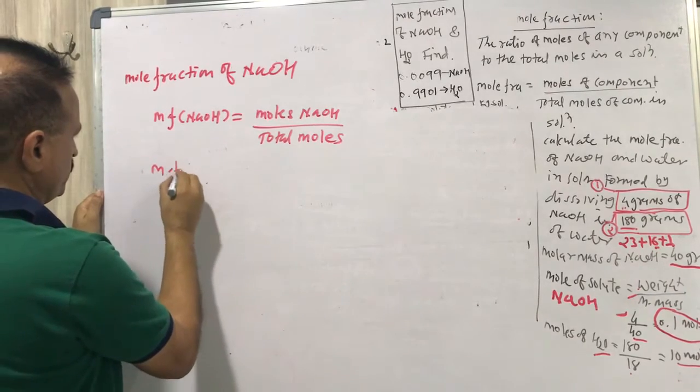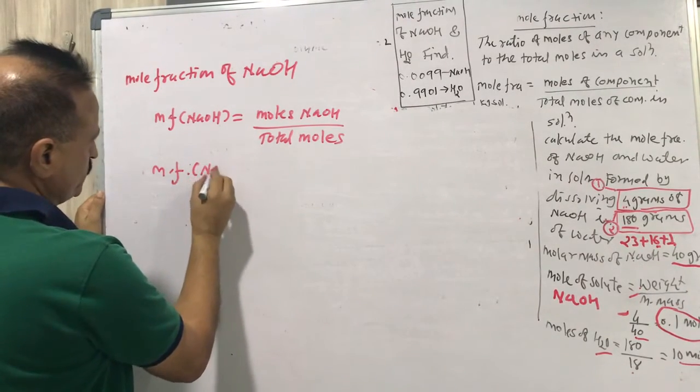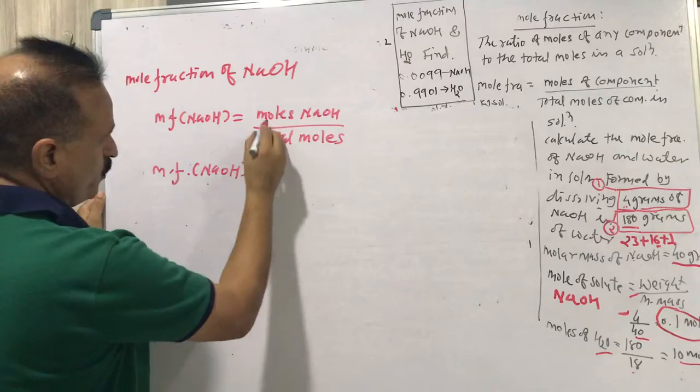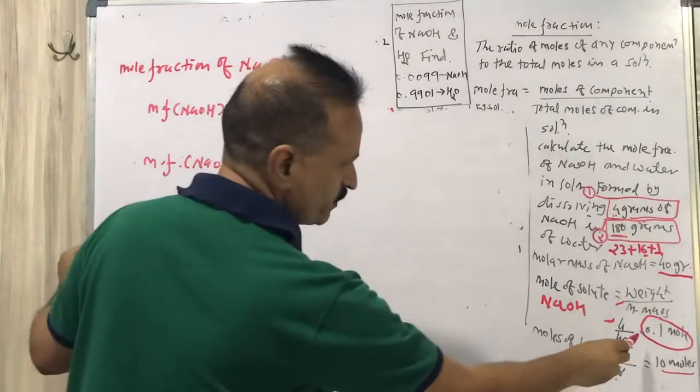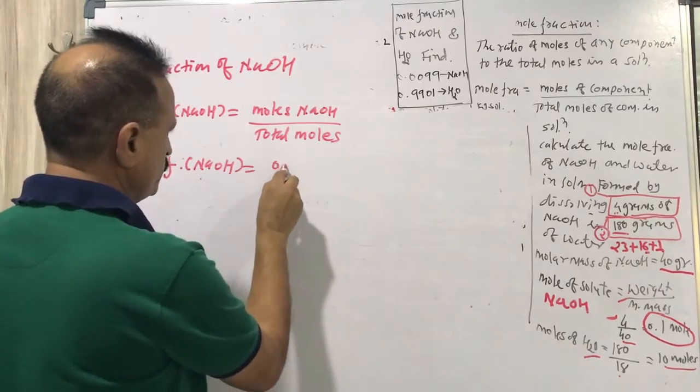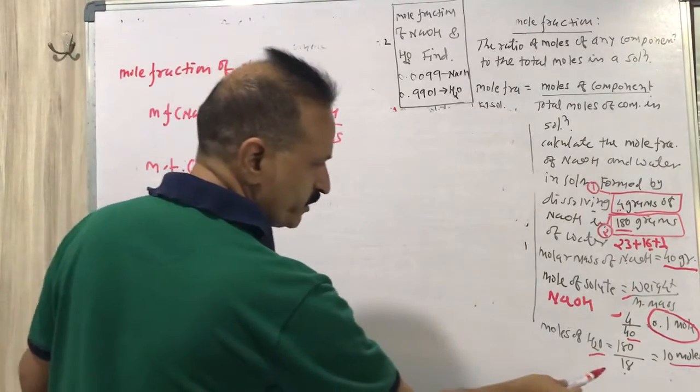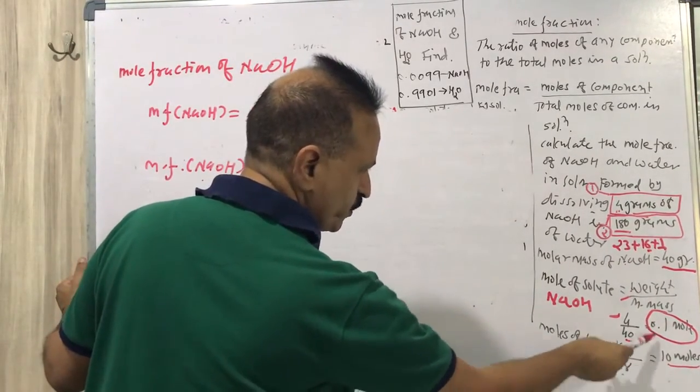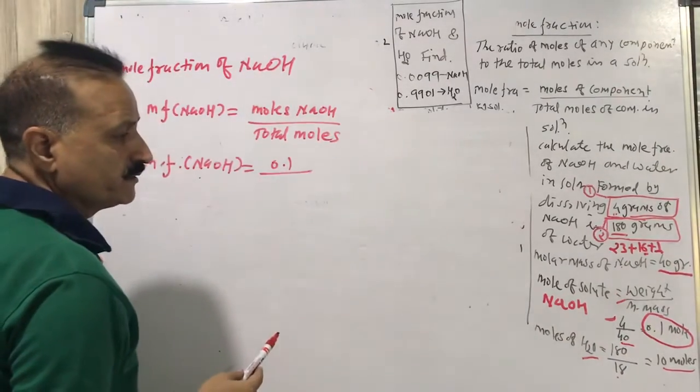Moles of NaOH, we have found out is 0.1 upon total mole. 10 mole is H2O and 0.1 mole is NaOH.